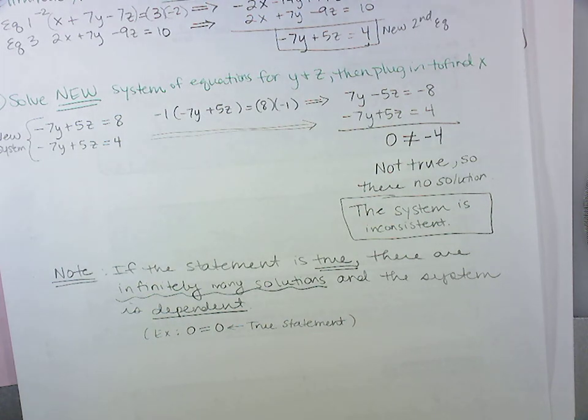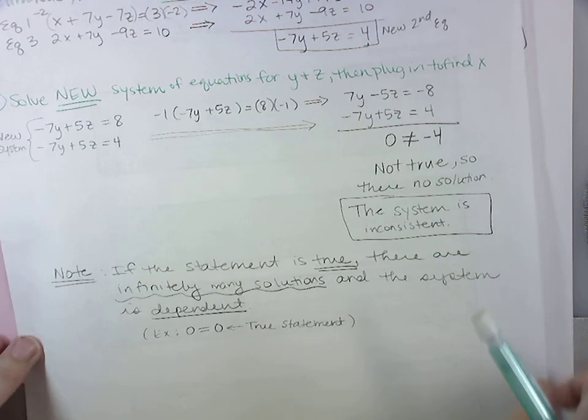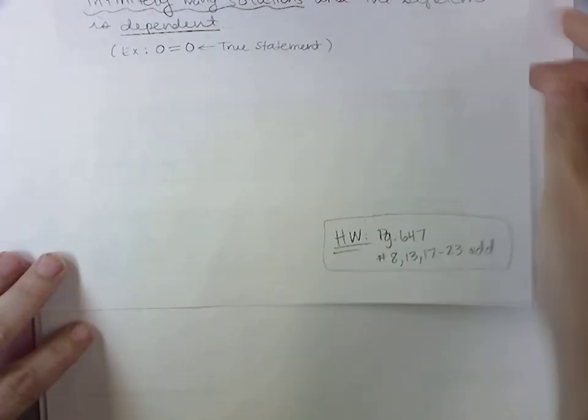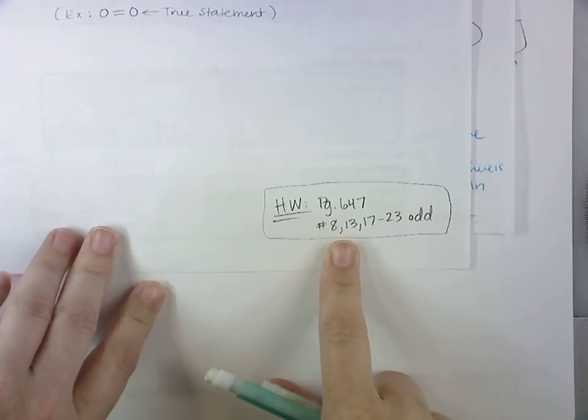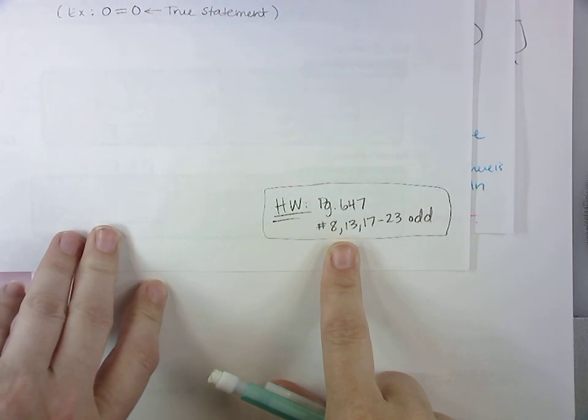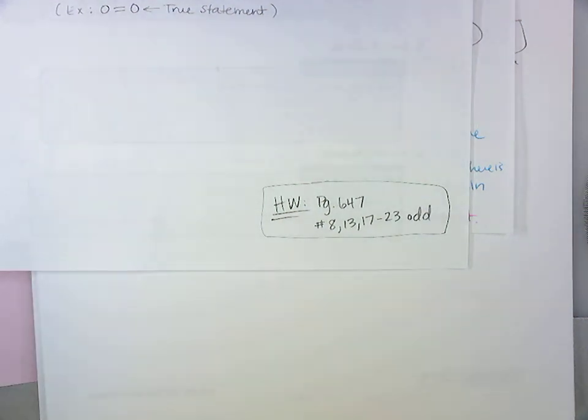Okay, so what you guys are going to do for homework is this. Now, with your last section, you're not going to do a homework log. I'm just going to be checking in your homework, just to see if there's work. Well, it needs to be accurate.